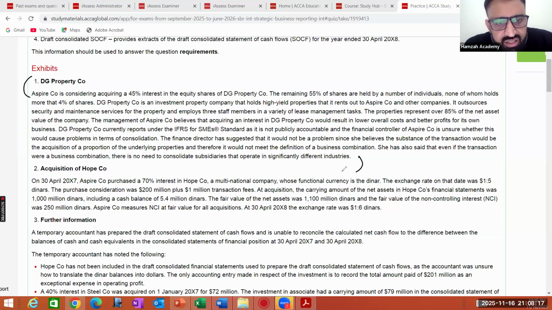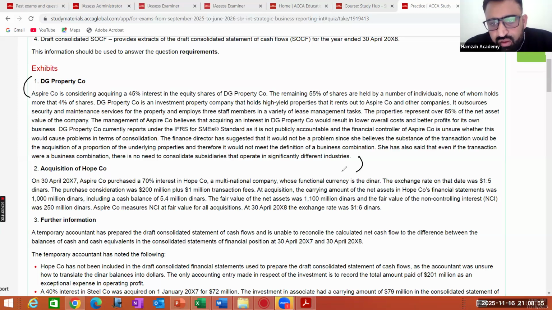DJ Property Company currently reports under IFRS for SMEs, small and medium enterprises, and the SMEs are not publicly accountable companies. So the financial controller of Aspire company is unsure whether this would cause a problem in terms of consolidation. The finance director suggested that it would not be a problem since she believed that the substance of the transaction would be the acquisition of a proportion of the underlying properties, and therefore it would not meet the definition of a business.